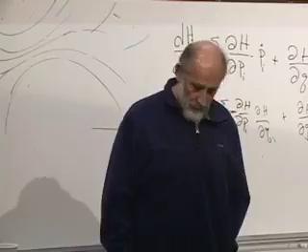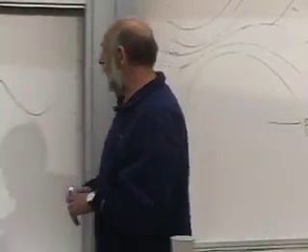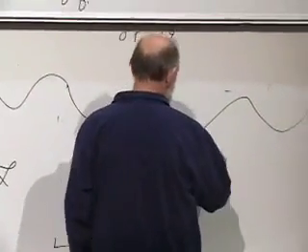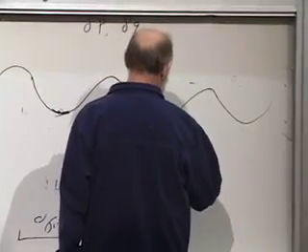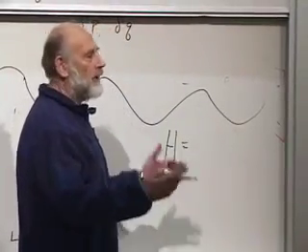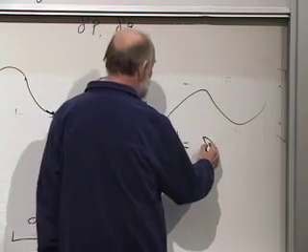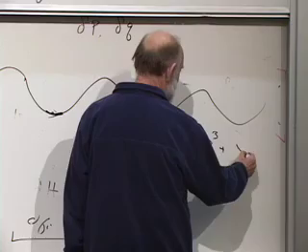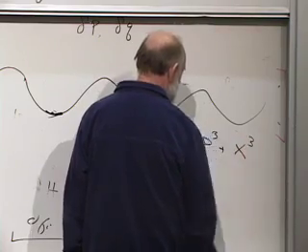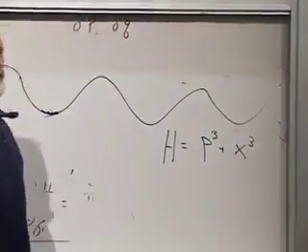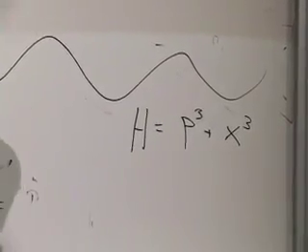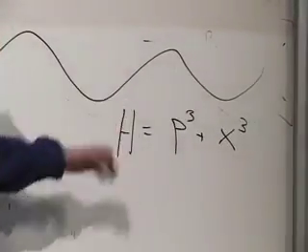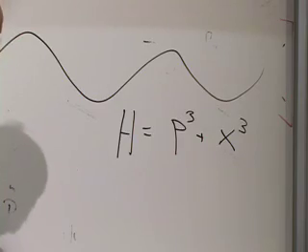We can invent all sorts of Hamiltonians. Here's a Hamiltonian. H is equal, instead of p squared plus x squared, let's take p cubed plus x cubed. This doesn't correspond to any system that I know about in nature, but there's nothing wrong with it from the point of view of the Hamiltonian.